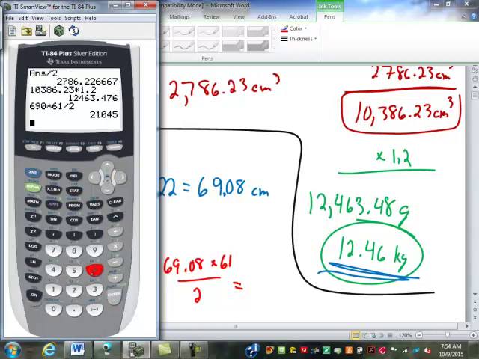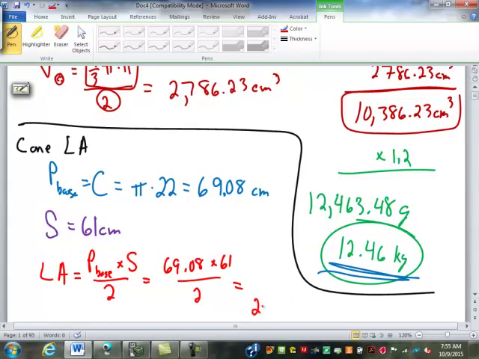Oh, let me try that again. 2106.94 centimeters squared. So that's just for the cone, the lateral area of the cone.